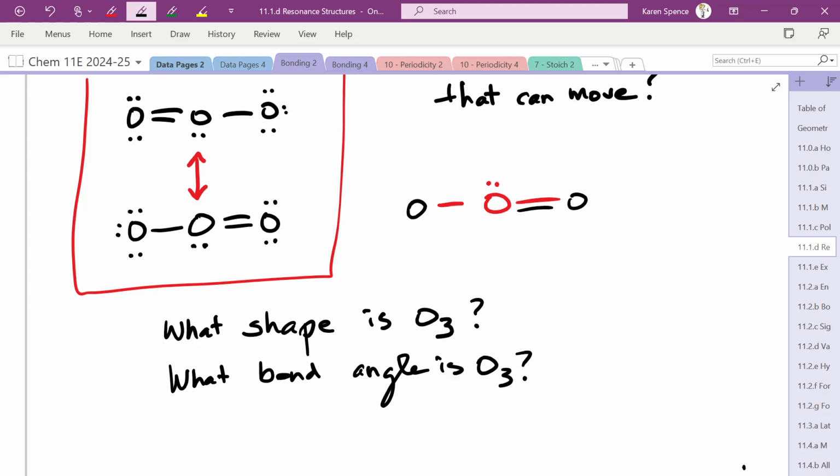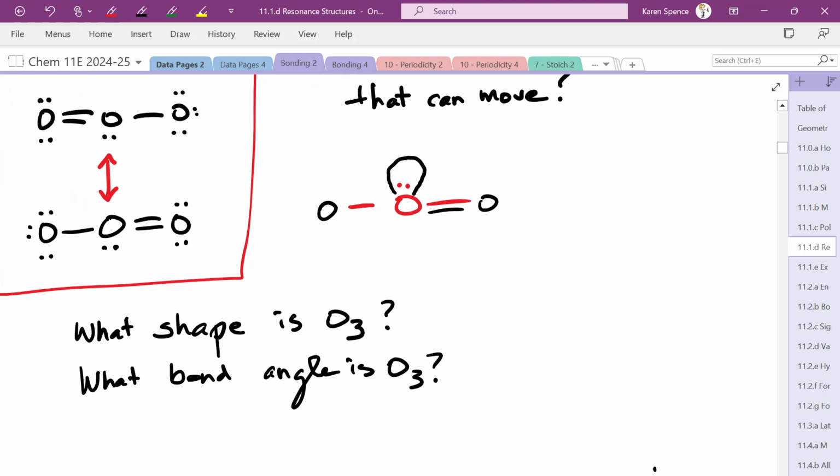Okay. What shape is it? It's bent because we have a lone pair here. So how many electron domains do we have? 3 electron domains. Right? And then they push away from each other as much as possible. So what shape would that be?